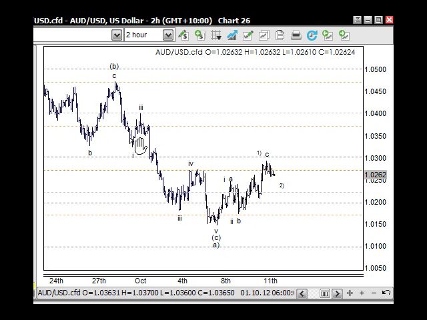And then we've got this 5 wave structure down here, which would be the C wave. Okay, now I've got it labelled just as the A wave here, but this could also be labeled as the end of the triangle, as wave E here. Okay, it's just a thought, and we'll just keep an eye.